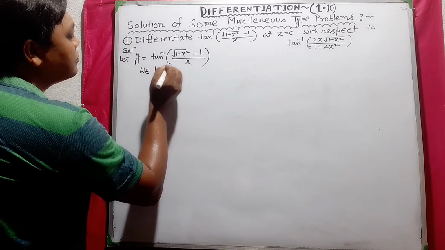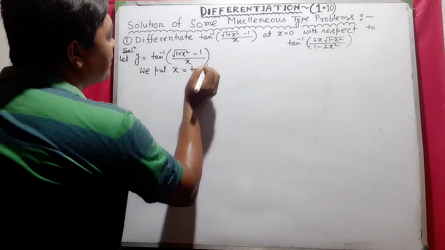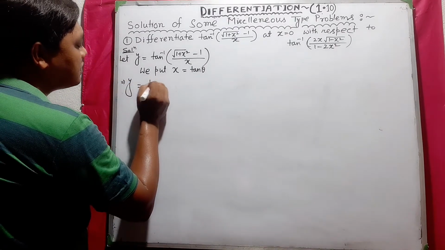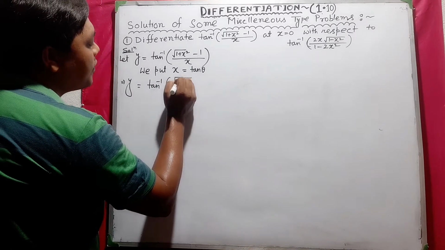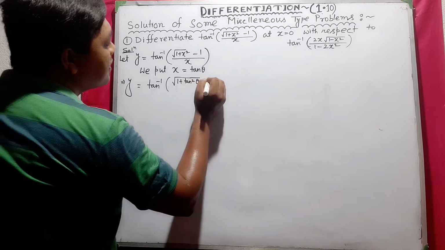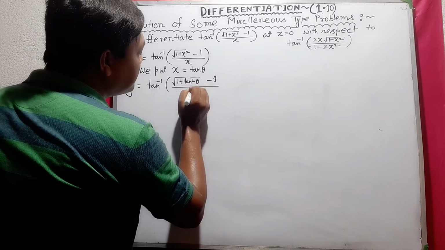So this can be written as square root of 1 plus tan square theta minus 1 by tan theta, right?